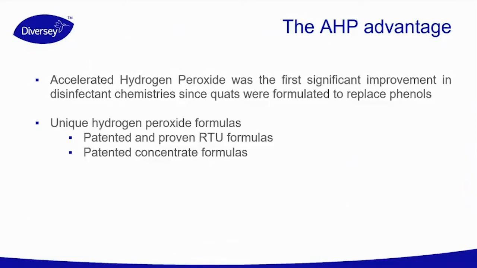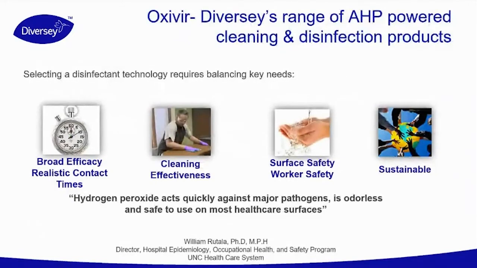So that is Diversey's range of AHP-powered cleaning and disinfection products. While selecting a disinfectant technology, it does require a balance between the key needs of our customer. So of course, the broad efficacy, the cleaning effectiveness, the surface and worker safety, and the sustainability. We're going to look at those criteria in the next slides.